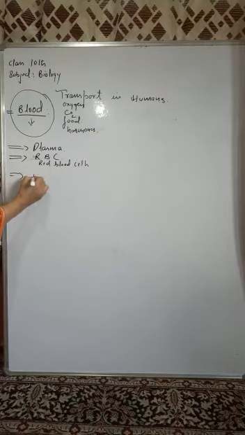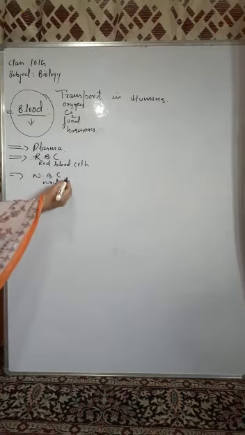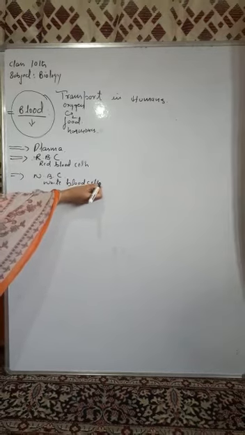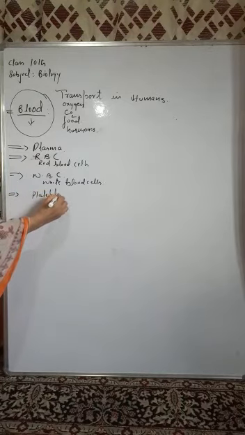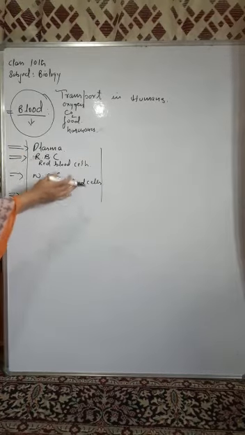Third component is WBCs, that is white blood cells. Fourth one is platelets. So we will try to understand these four components one by one.